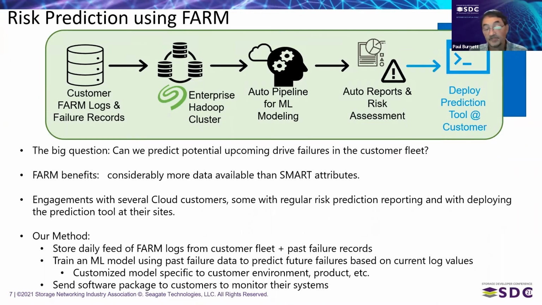We have done engagements with several cloud customers, some with regular risk prediction reporting, that have their prediction tools operational at their sites. From there, they can use this output and make decisions on whether they want to pull a drive from their fleet or continue to keep it in, and possibly monitor it at a more frequent level. That's one thing that can be done.